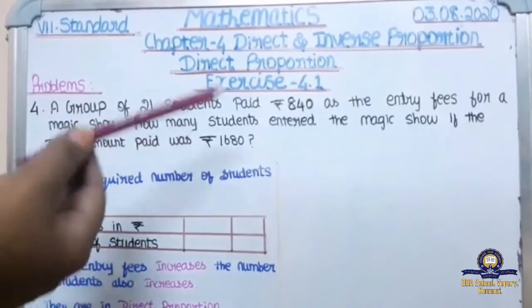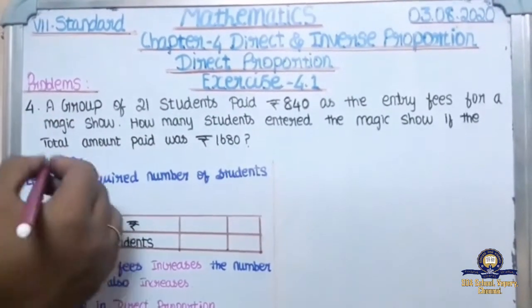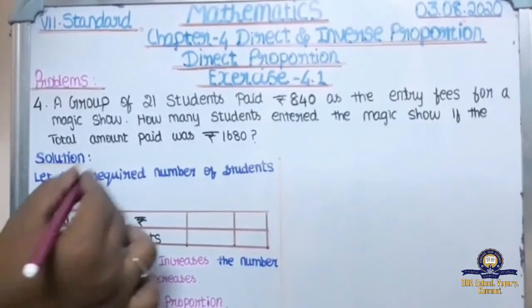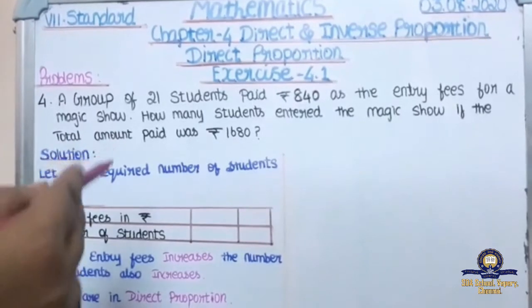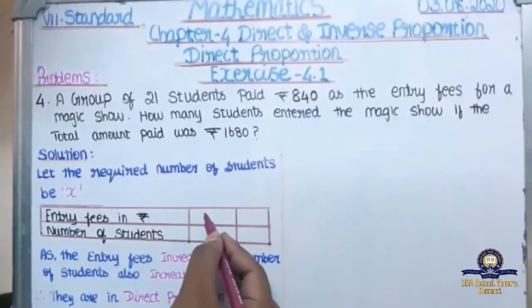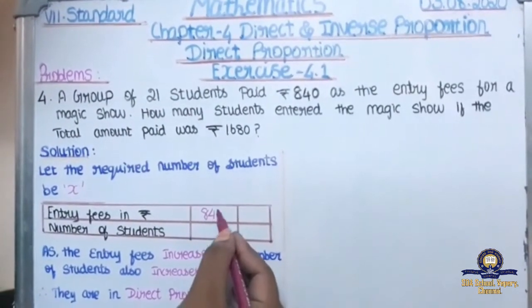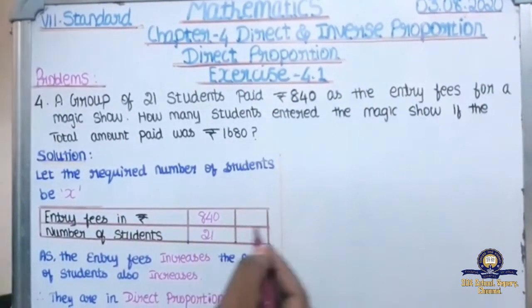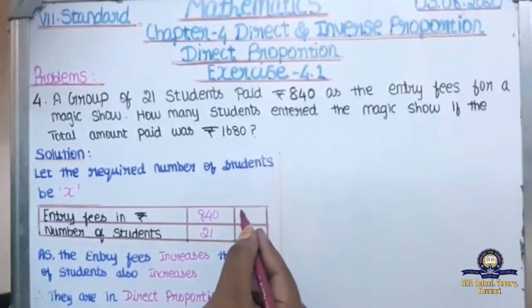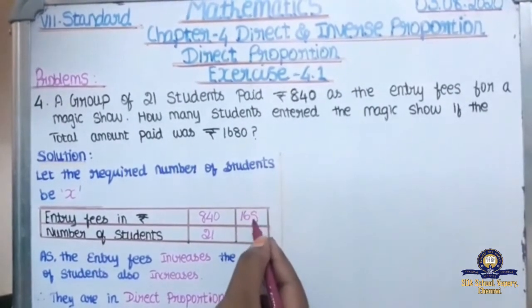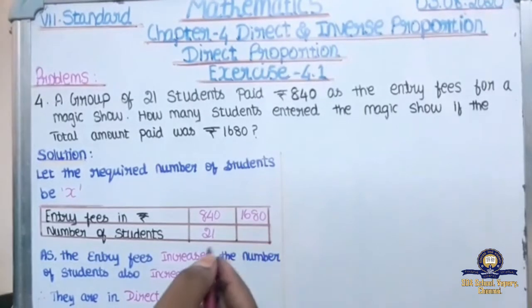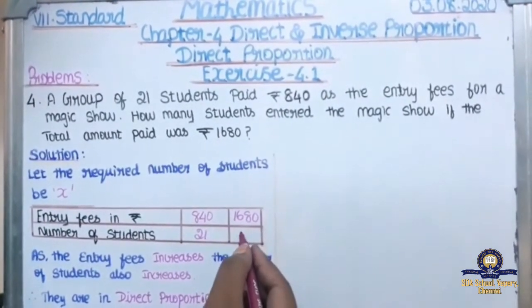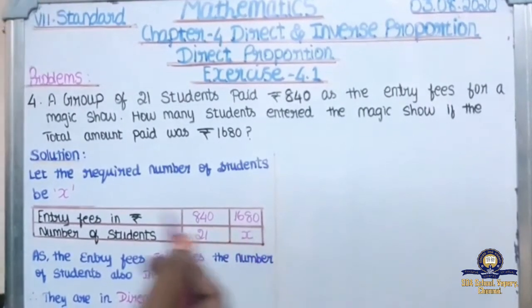So the required number of students be taken as x. Now, entry fees in rupees: first they gave rupees 840 and this is for 21 students. Then they gave the amount 1680. Now we need to find how many students entered the magic show. We didn't know, so it is denoted as x.